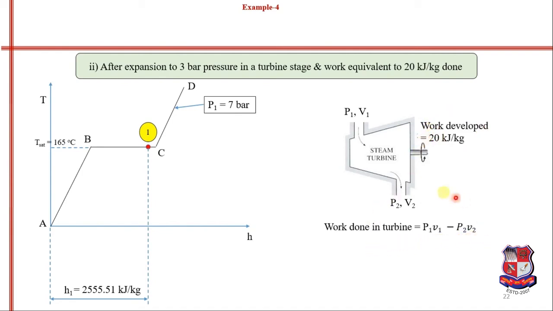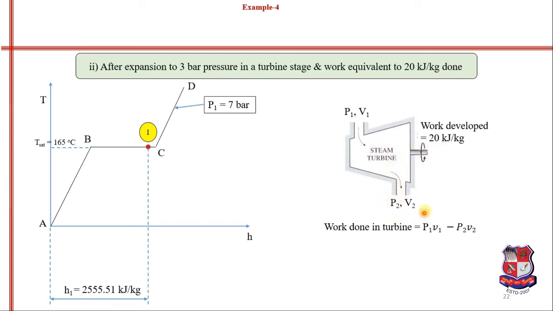You can consider the concept of energy over here. At the input stage we will be having a higher amount of energy, and that higher amount of energy will go into the steam turbine, where it will be utilized in developing work. Some amount of energy will be utilized in developing work, and the remaining energy will exit.